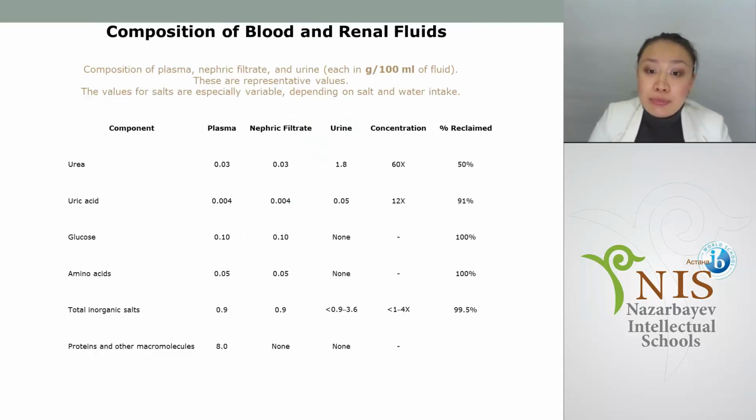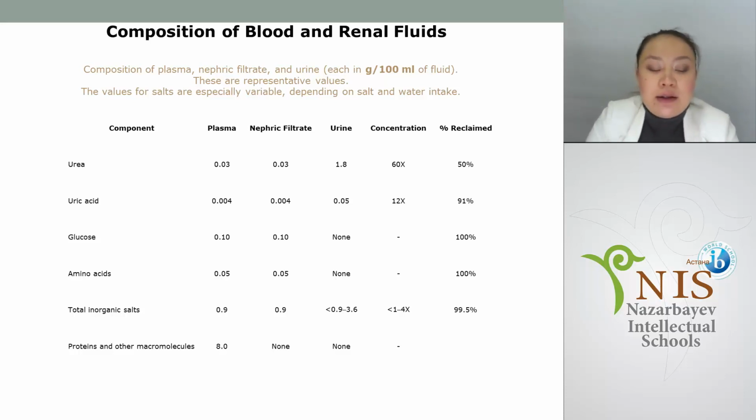Composition of blood and renal fluids. Composition of blood, nephric filtrate and urine, each in grams per 100 milliliters of fluid. These are representative values. The values for salts are especially variable depending on salt and water intake.